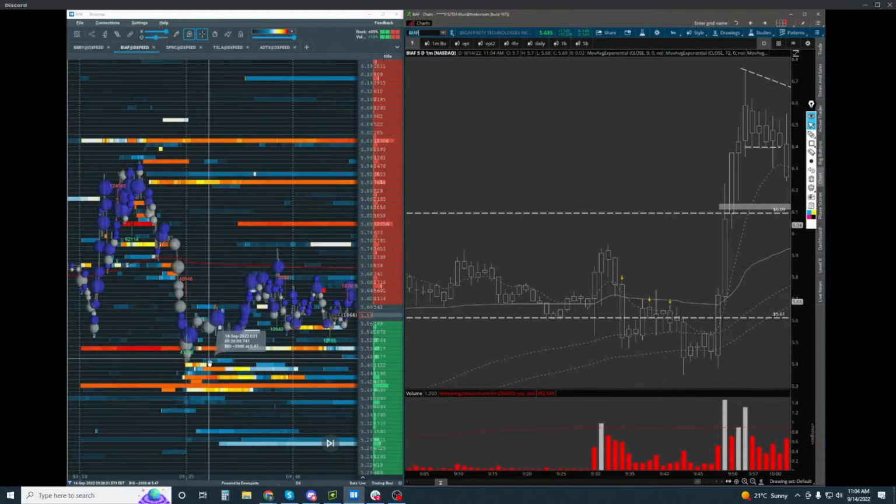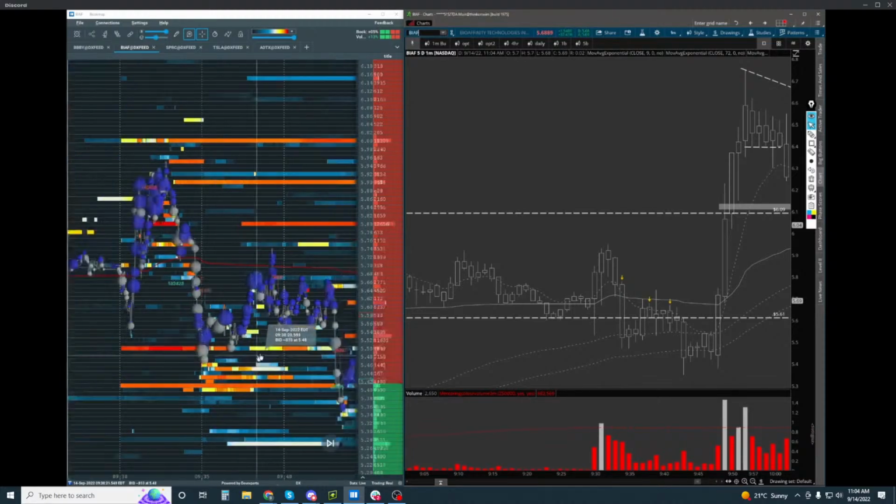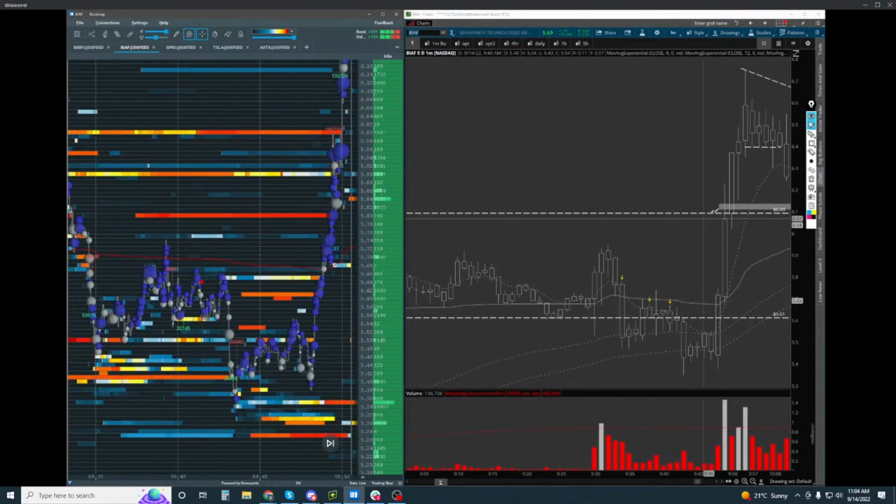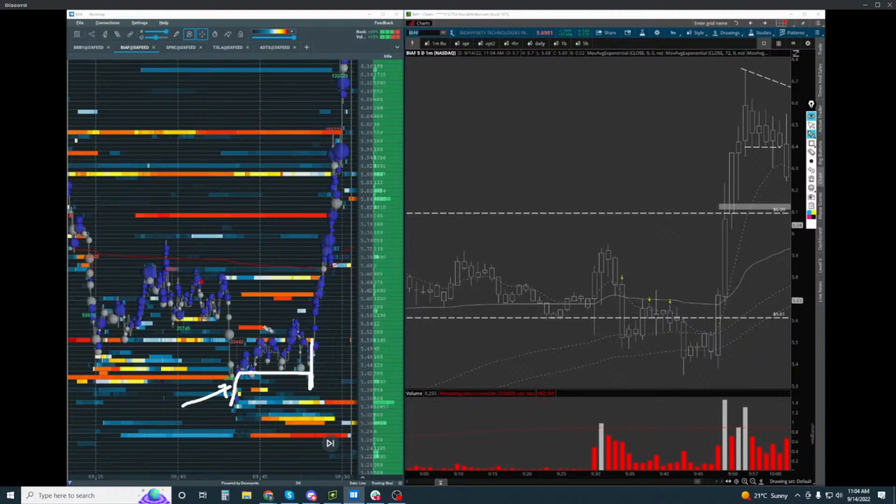You can see buyers, buyers, buyers, buyers, buyers. And then what they did, they broke this support. Of course, in that moment, we don't know 100% if this will unwind or not. But once we see the price reclaiming that level, retesting that level, and then starting to break that consolidation.